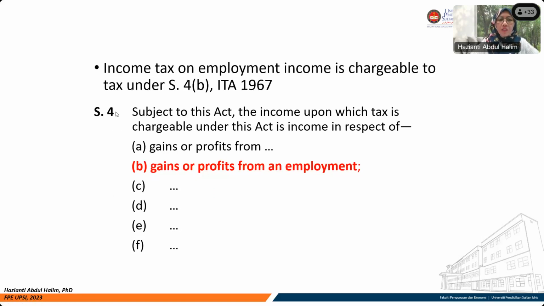Under section 4, we have A, B, C, D, E, F. You're going to learn all this later. For today, the focus would be on section 4B. I start with employment income first, and when that is finished, then only we go back to 4A. 4A is a bit different, because it is actually gain or profit from business.